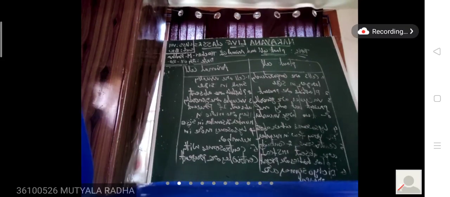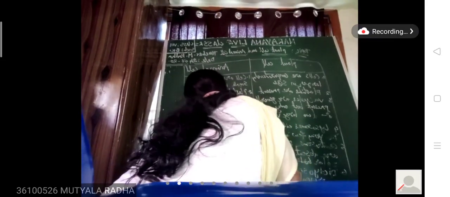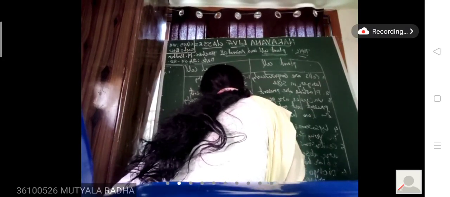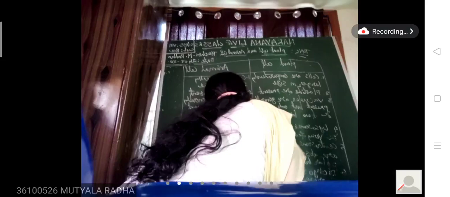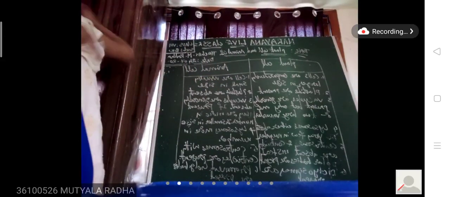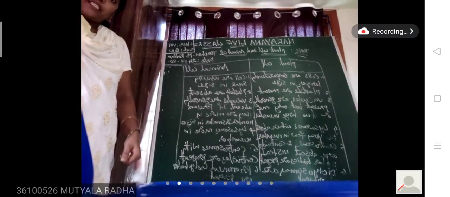In animal cells, prominent Golgi bodies are present. So these are the differences between plant cell and animal cell.